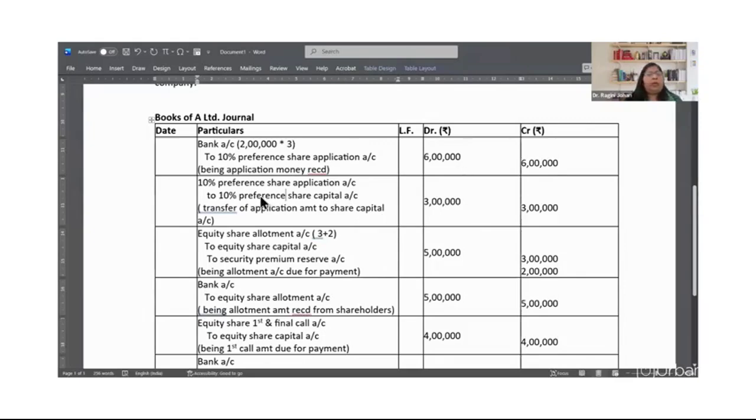Now, the second entry would be of transfer entry as it is, as we had in case of equity shares. Same entry has been made.